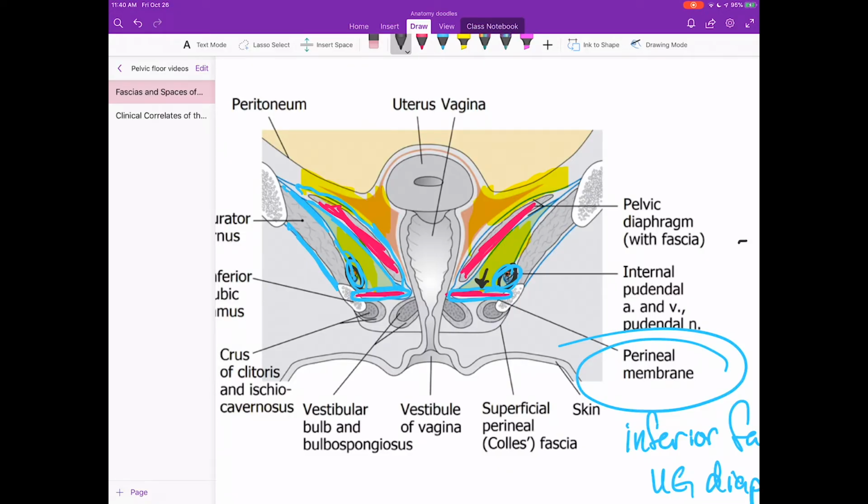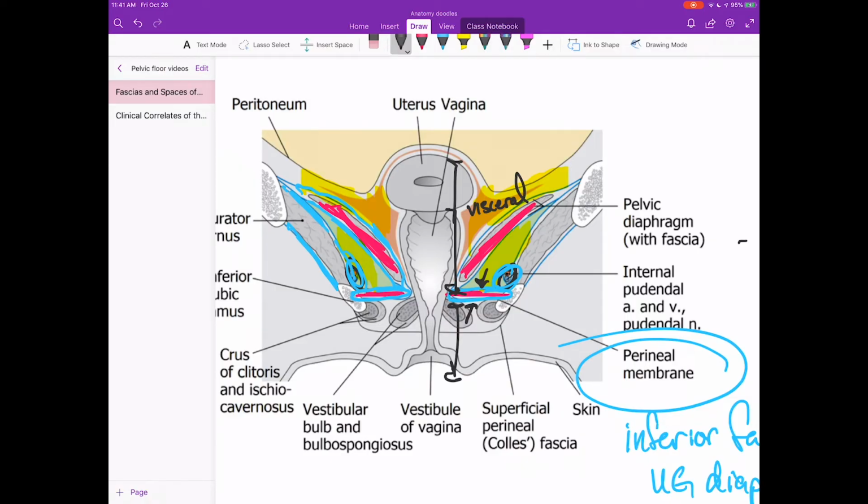This perineal membrane, on the other hand, is a significant line as it demarcates or separates the superficial part of the pelvis, which is in this region, from the deep part of the pelvis, which is in this region. Why is that important, you might ask? Well, almost everything that is within the pelvis, in the superior part or above the urogenital diaphragm, is going to receive visceral innervation.